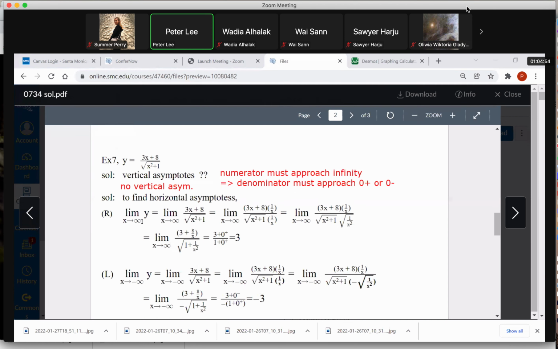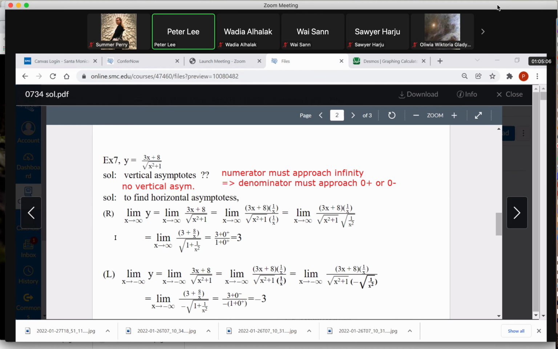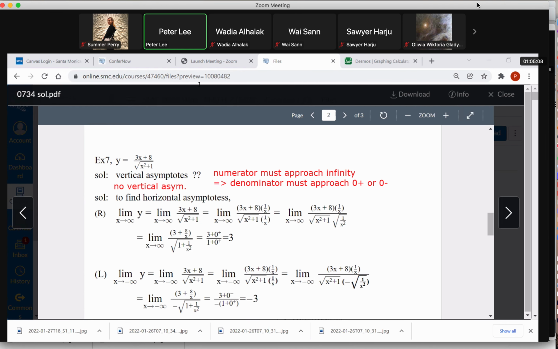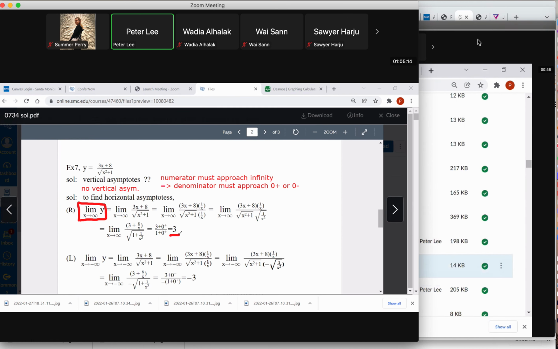Now take the limit of y as x approaches infinity, and then the limit of y as x approaches minus infinity. When you take the limit of both, you get 3. So now let me ask you this: if this limit of y comes out to be 3, can you make a conclusion? What is it asking for?